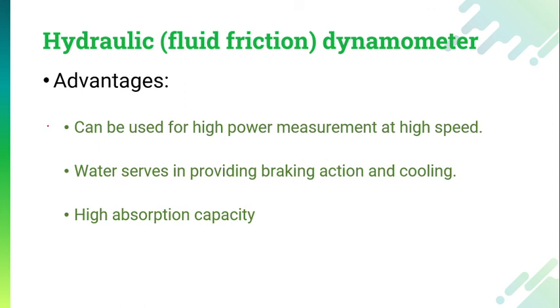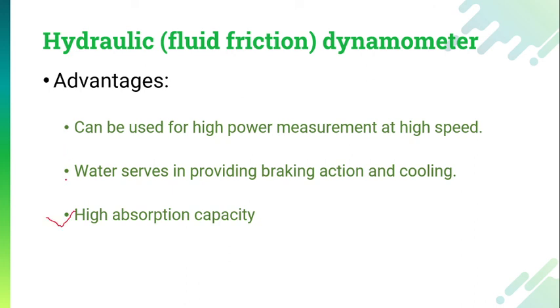There are some advantages available. The very first one, it can be used for higher power as we discussed. Secondly, the water supplied to the dynamometer also serves as the cooling system, so there is no separate cooling system required, and there is high absorption capacity in very small spaces also.